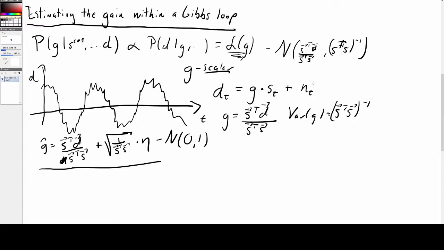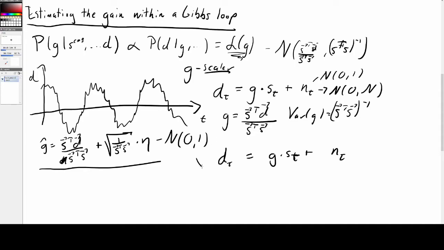All of this was assuming that this noise term was drawn from a normal distribution with unity variance. If we instead assume that our noise comes from a more sophisticated noise model, which has some kind of covariance matrix, confusingly I have to use the same letter, but hopefully by the context it should be clear. Looking at our data equation, we still have d_t equals g times s_t plus n_t.